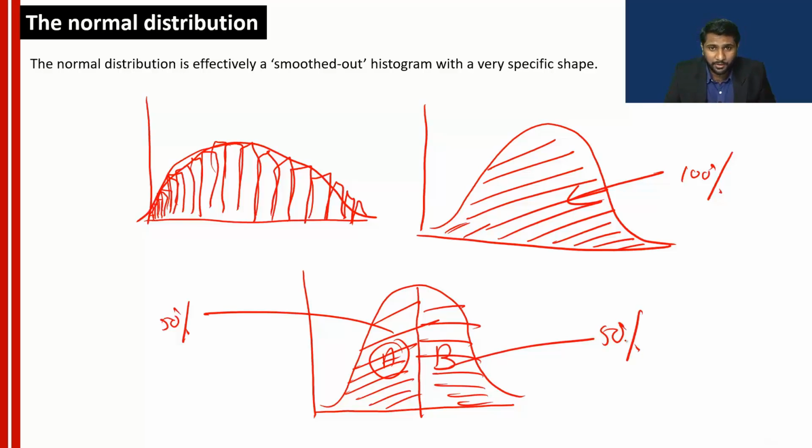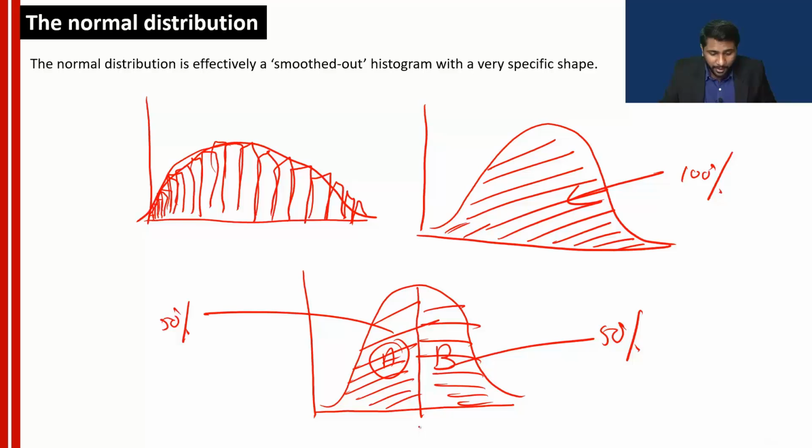Keep these two very important things in mind. Once you smoothen out your histogram, you get the bell curve, and from the bell curve we can find the probability. You will understand it perfectly when we do the calculation, believe me guys. For the time being, just keep in mind that the bell curve's entire area is 100%, it is symmetrical, and one side is 50%, the other side is 50%.